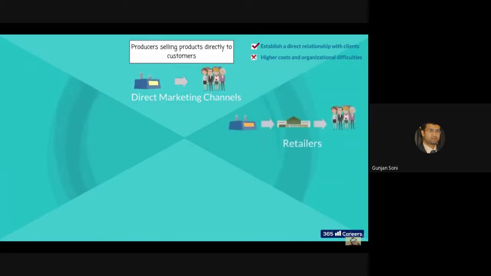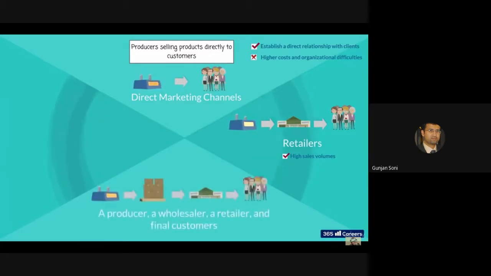Producers can involve retailers who will sell to final customers. So, for example, Walmart buys many products directly from producers. The company can do that because its trade volumes are enormous and it can reach out directly to producers. The third channel we have involves a producer, a wholesaler, a retailer, and final customers. This is a valid option for producers who sell their products to thousands of retailers and cannot manage the relationship with each of them.